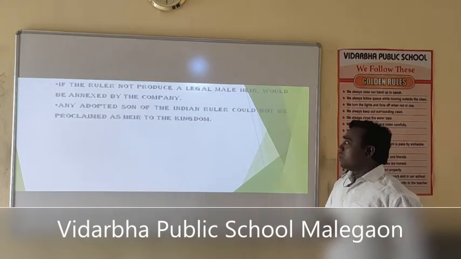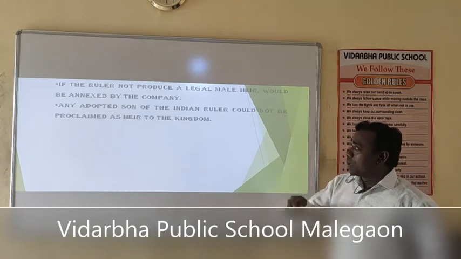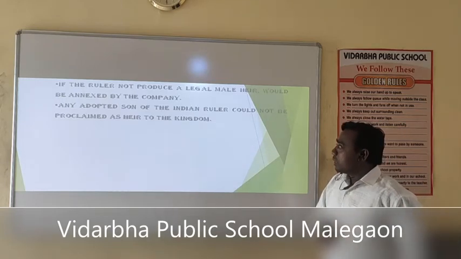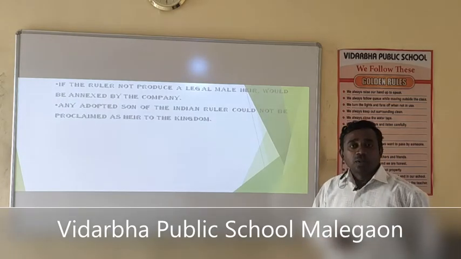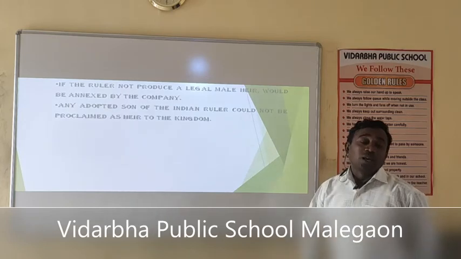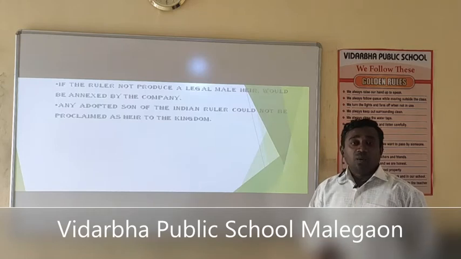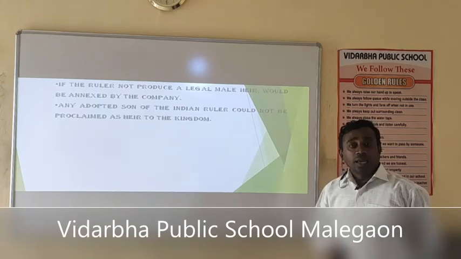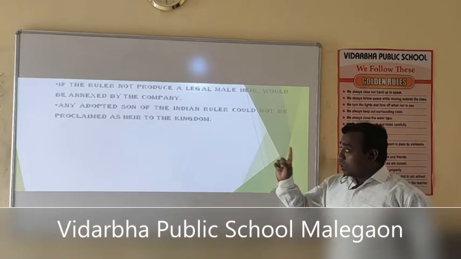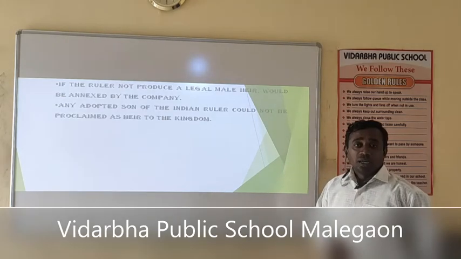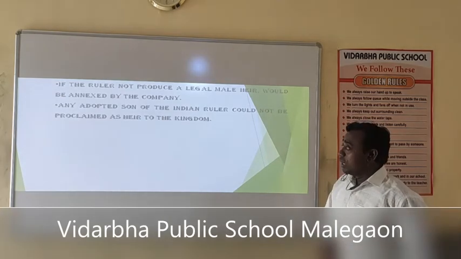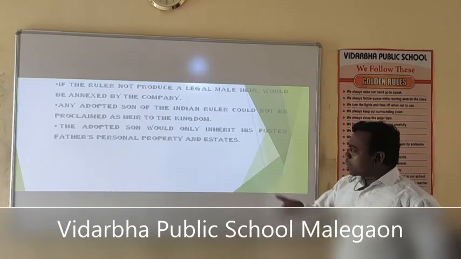Any adopted son of the Indian ruler could not be proclaimed as an heir in the kingdom. So no new king will be up. If you have a male son, then only he can become a king. Otherwise, no adopted son will be allowed to become a king. That territory will be annexed to the British company.